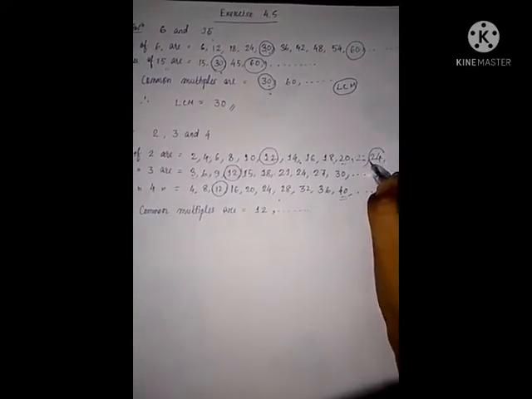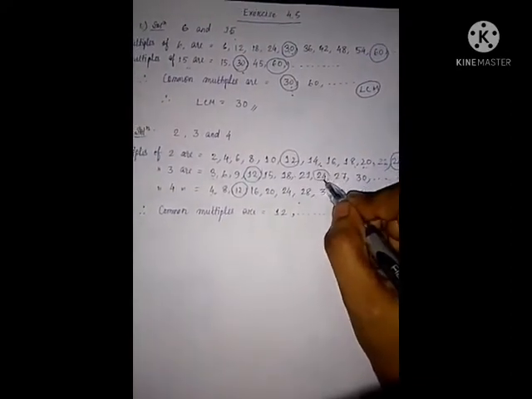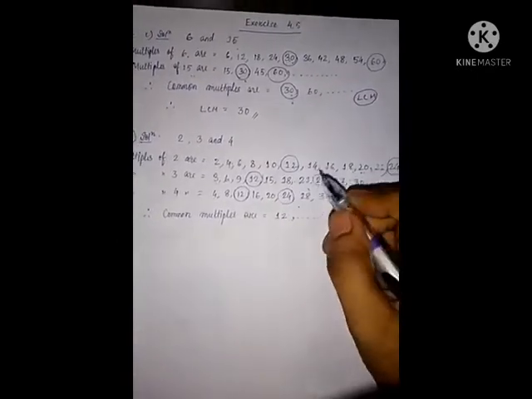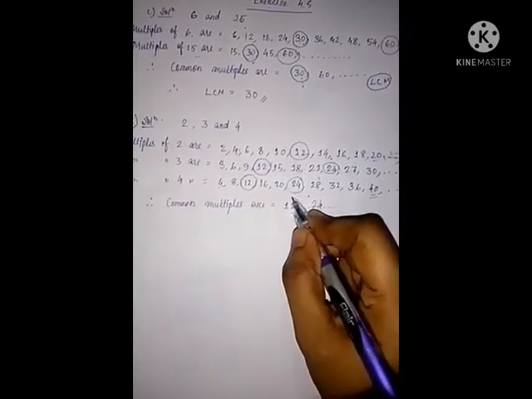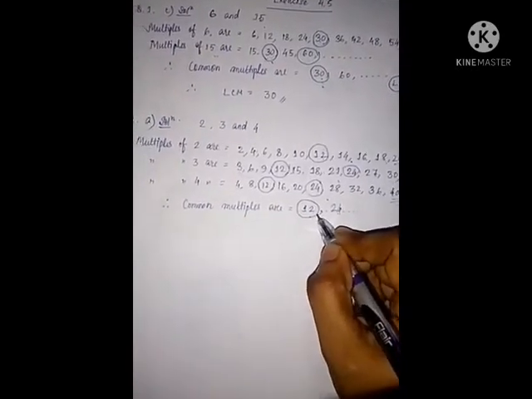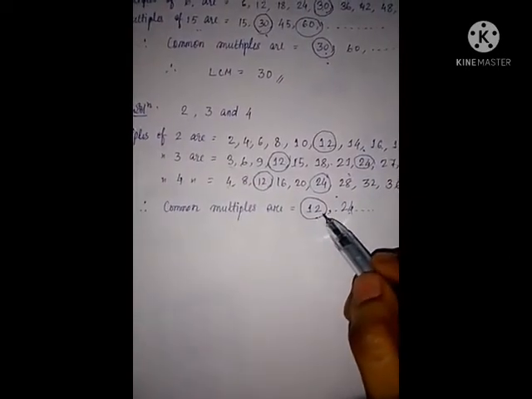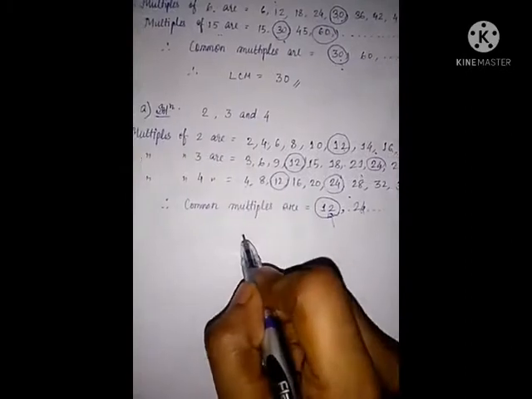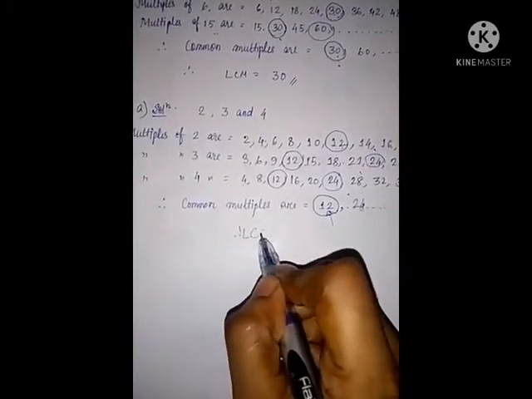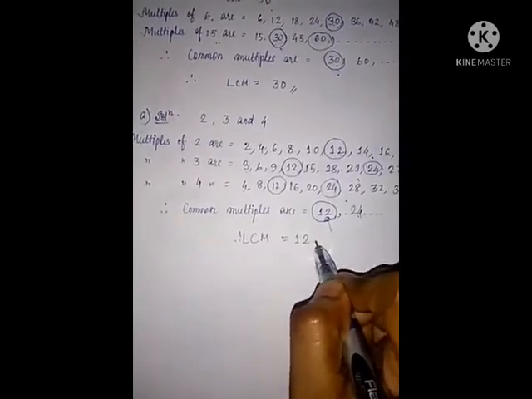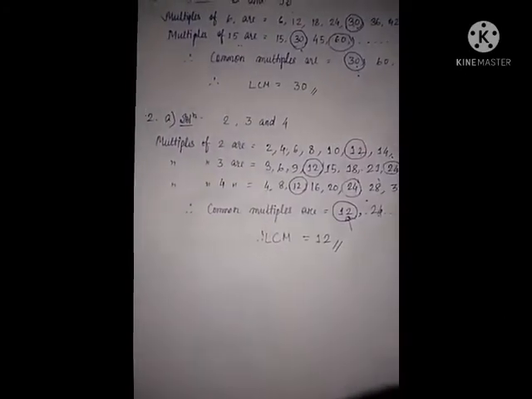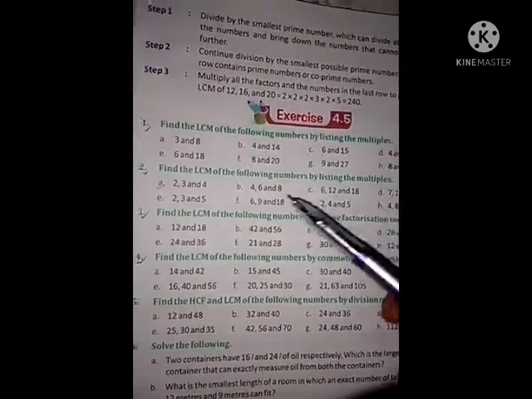So see, we have got another multiple which is common, 24. Among these two, which is the lowest? Our only focus is the lowest common multiple. So 12 is the lowest. Therefore, LCM of 2, 3, 4 is equal to 12. Understand? Like this, do the others.